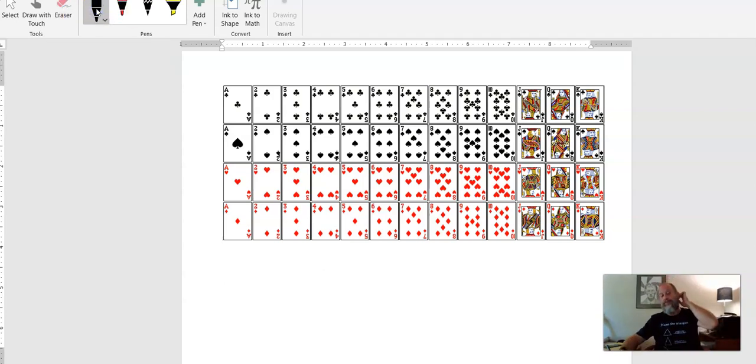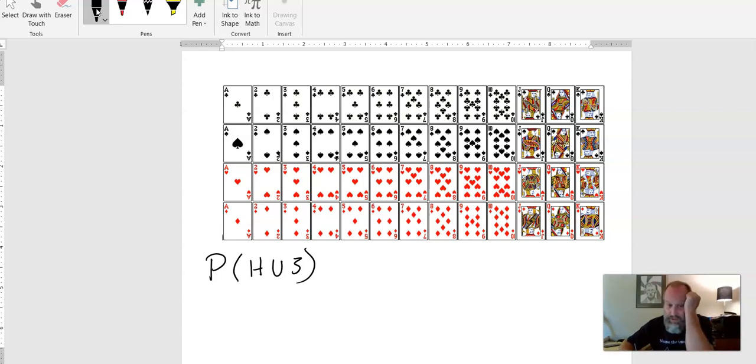Now, suppose I wanted to find the probability that this is a heart or a three. Now the or symbol, and I'll explain what this means shortly.